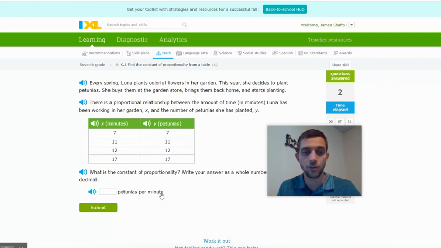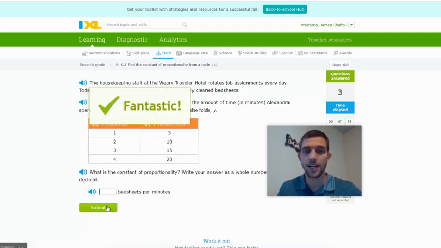So petunias, the y-axis, divided by minutes, the x-axis. 7 divided by 7 equals 1. 11 divided by 11 equals 1 petunia in 1 minute. 12 divided by 12 gives me 1 petunia in 1 minute. You get the idea.